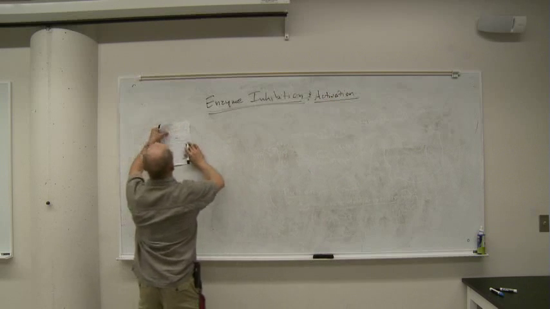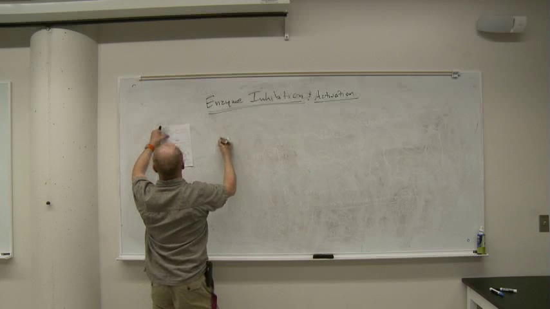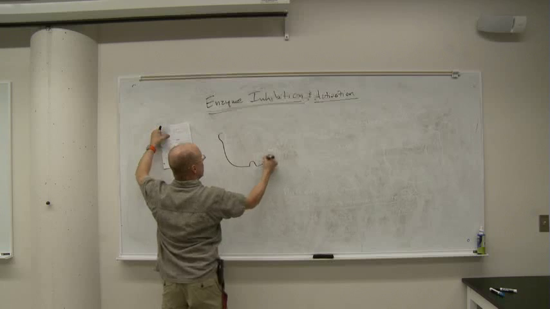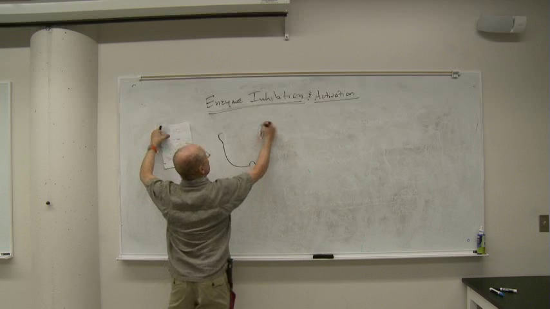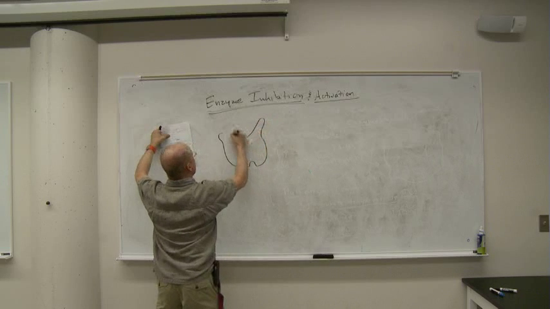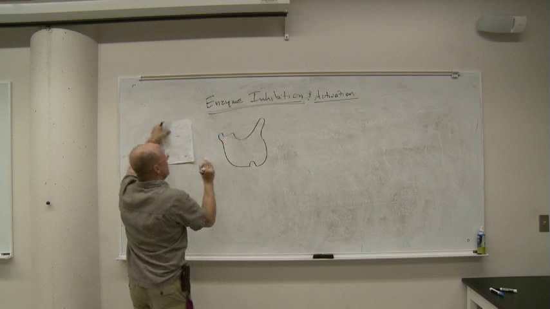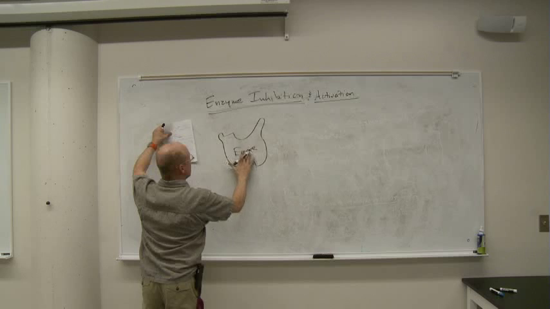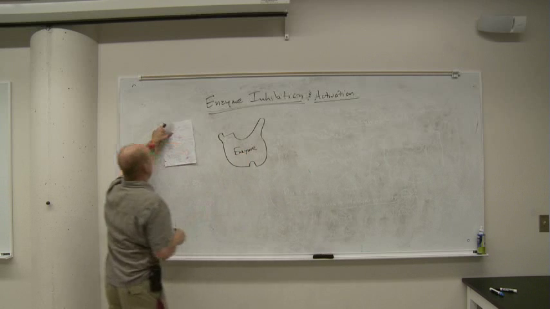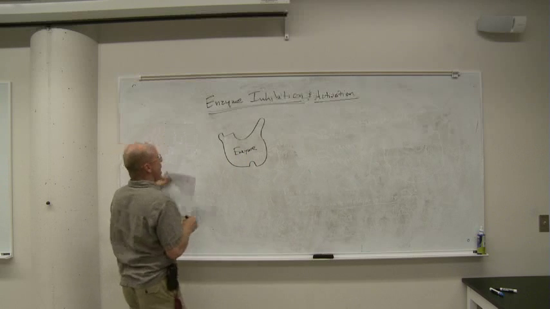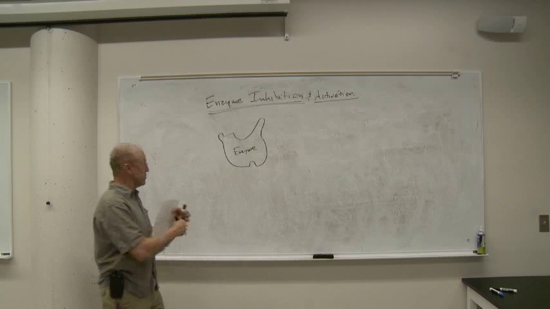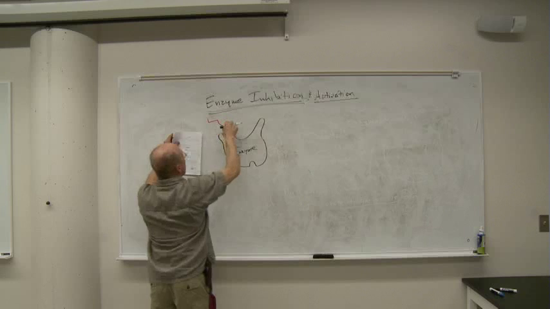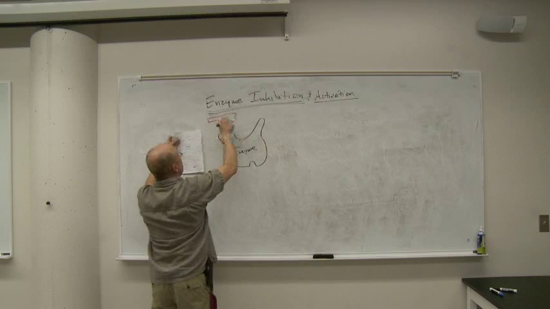I'm going to draw an enzyme and show how things can happen. So I'll draw it like this, a little pocket down here, and a step here. Okay, so this is going to be our enzyme. What we want to identify on our enzyme are a couple of features. Here would be our beautiful substrate.